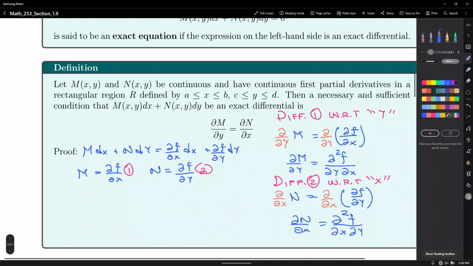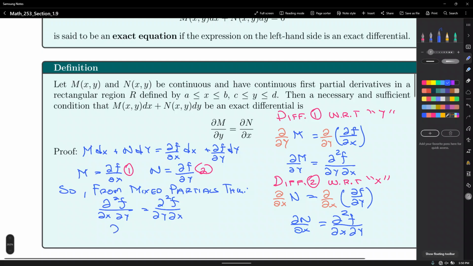And here's where we put things together. From the mixed partials theorem, the second partial first with respect to y and then with respect to x has to be equal to the second partial of f first with respect to x and secondly with respect to y.